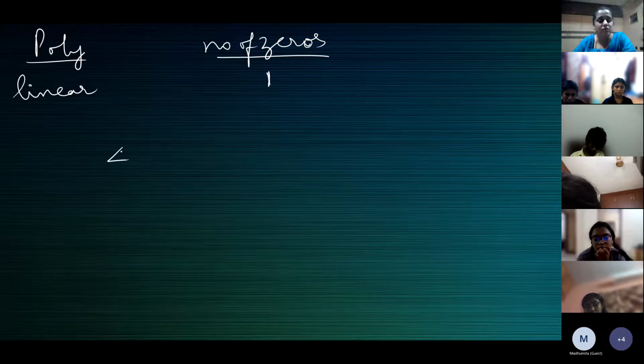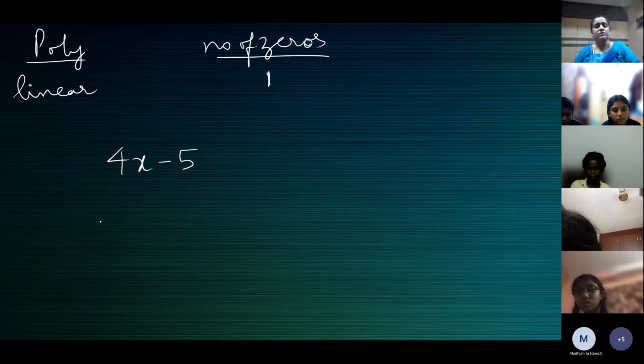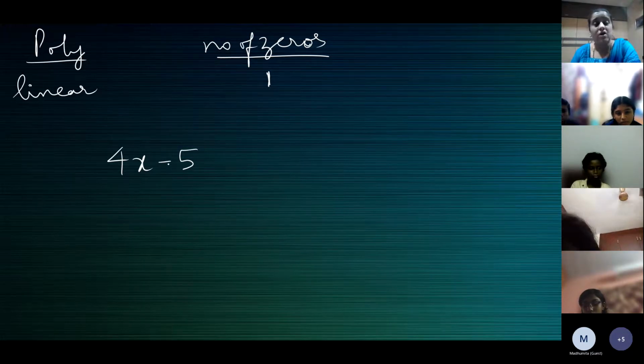For example, 4x minus 5. Is this a linear polynomial, children? Yes, ma'am. Now, how do we find the zero of this polynomial? Equate it to 0 and solve it.